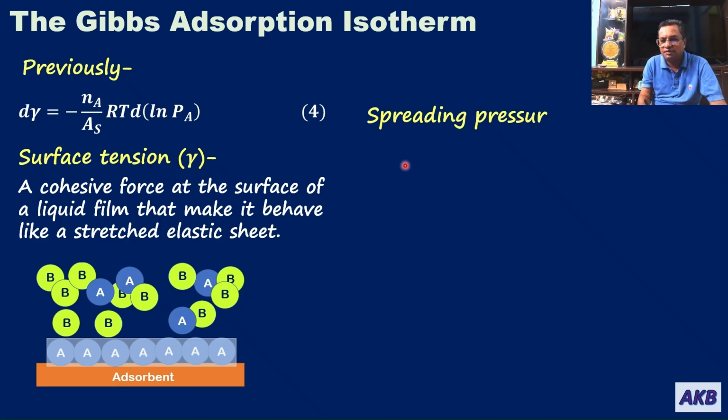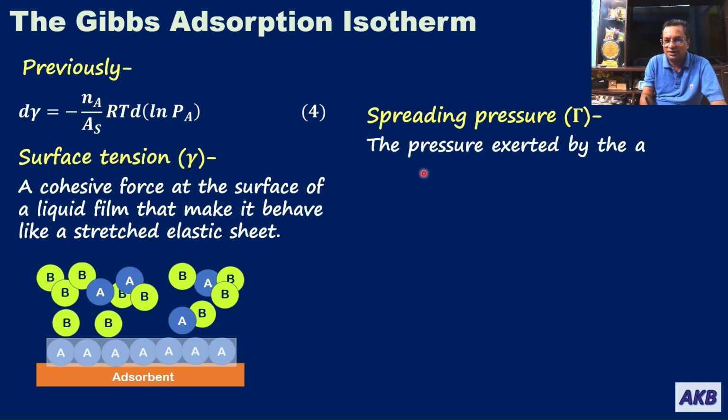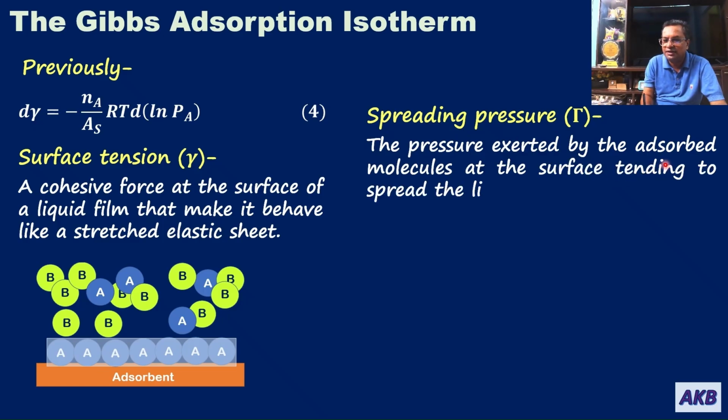Then we have another parameter which is spreading pressure, and this is capital gamma. This is lowercase gamma, and this is capital gamma. We are going to denote the spreading pressure with uppercase gamma. What is it? This is the pressure exerted by the adsorbed molecules at the surface tending to spread the liquid film.